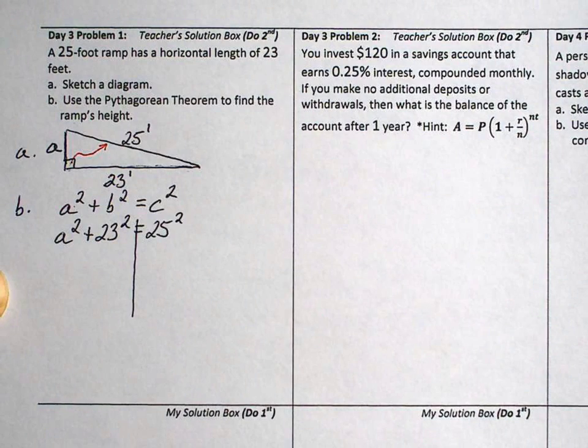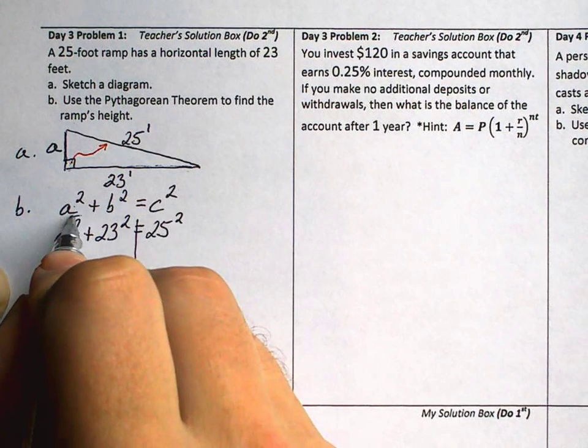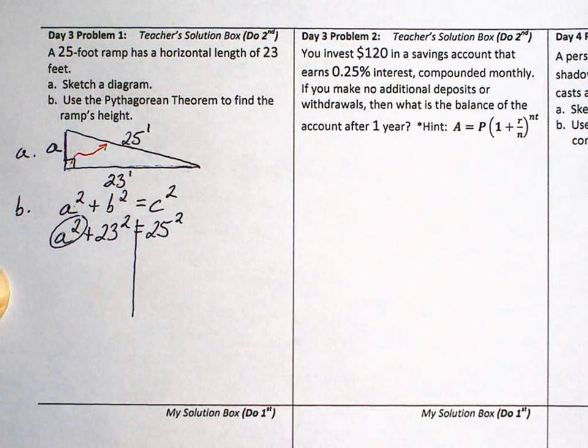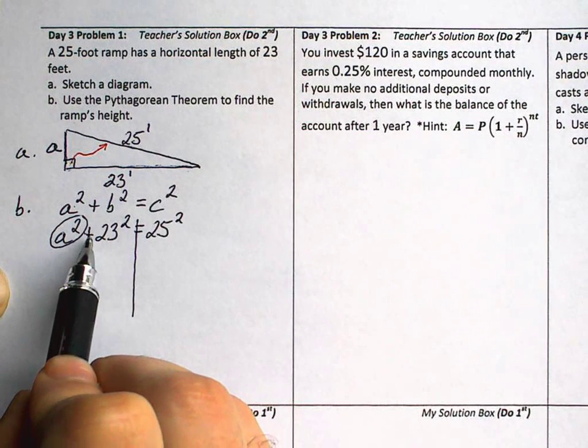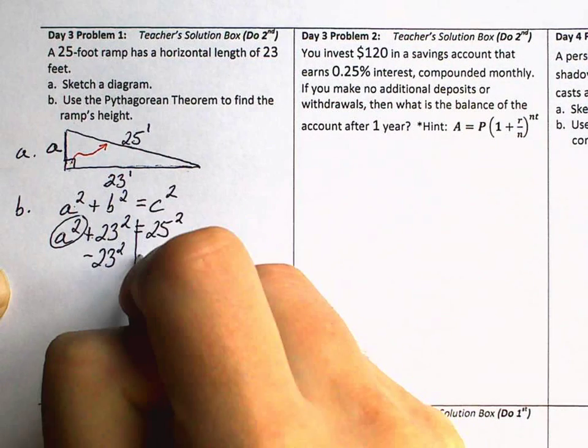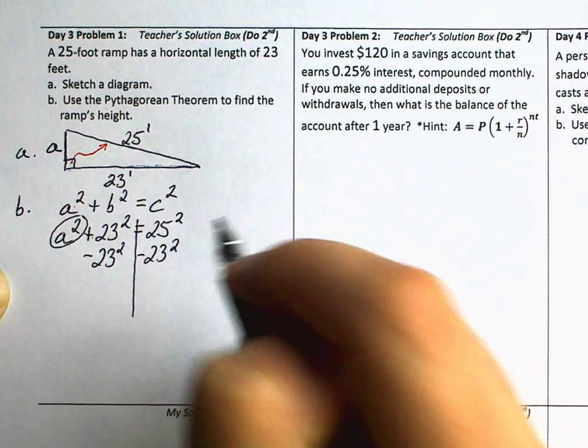Alrighty, to solve this equation, we need to first isolate the A term. And then once we've isolated the A term, then we can remove the exponent to actually have the answer for A. So we need to get rid of the plus 23 squared. Subtract 23 squared.